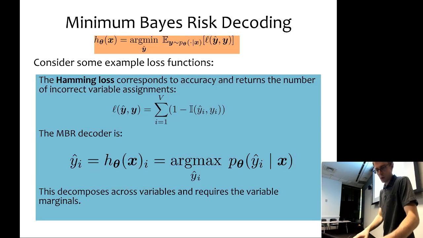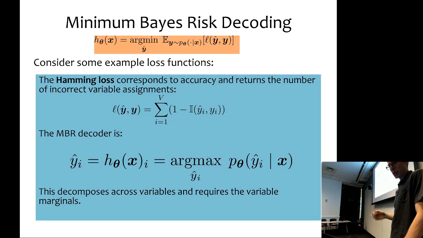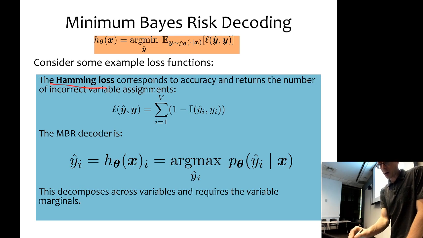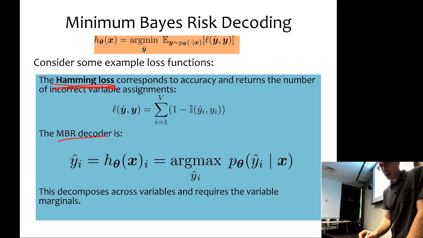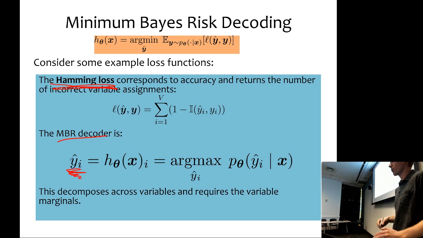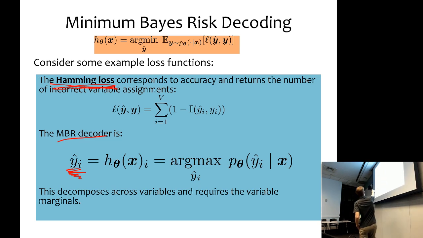And what we care about for your homework assignment is that we want to minimize the Hamming loss across this syntax labeling problem. So the minimum Bayes risk decoder is just going to return, for every variable, its prediction for that variable is just going to be the y hat i that maximizes the marginal probability for that variable.